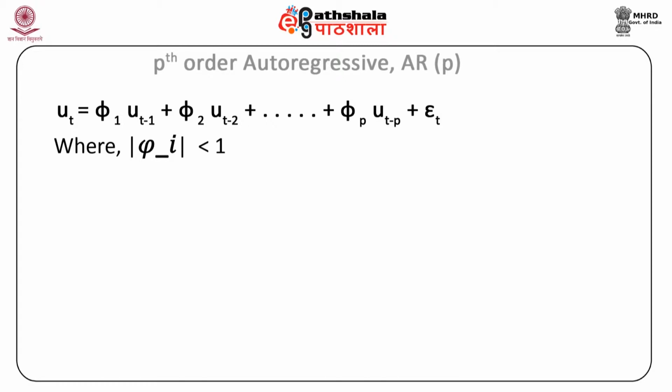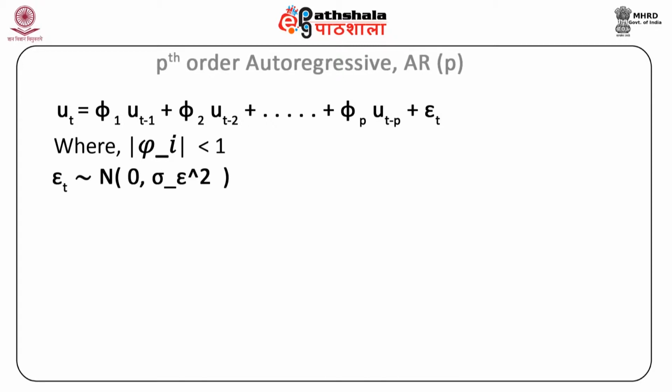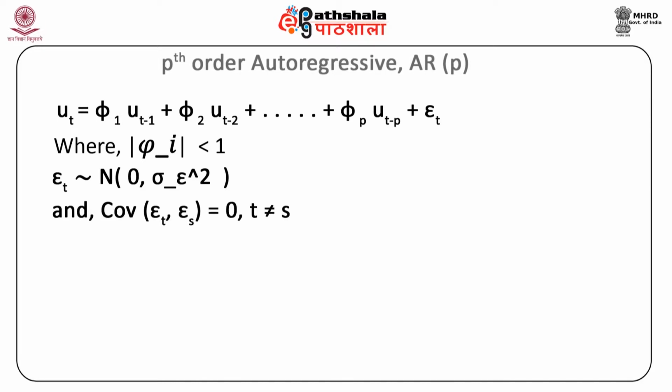And let me repeat, epsilon t is distributed normally with 0 mean and variance sigma square epsilon, and covariance between epsilon t and epsilon s is equal to 0 for all t not equal to s.